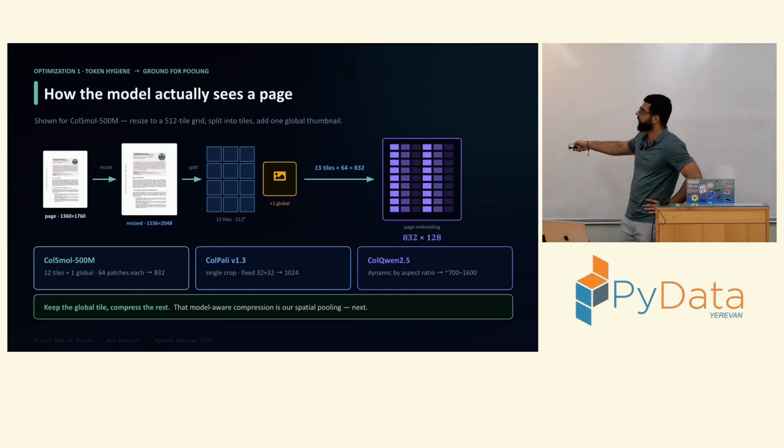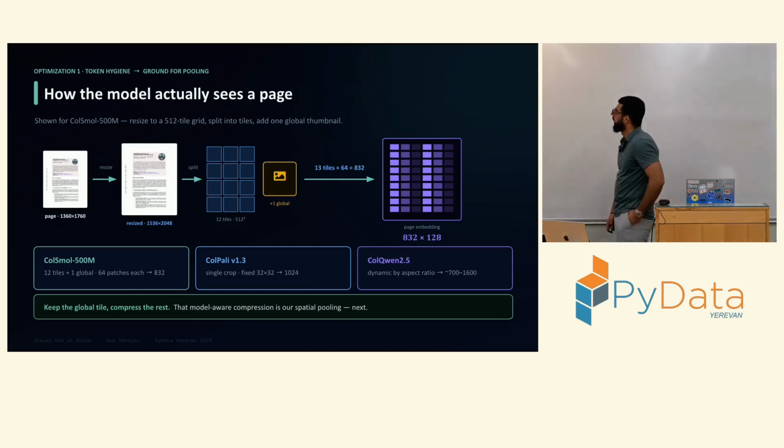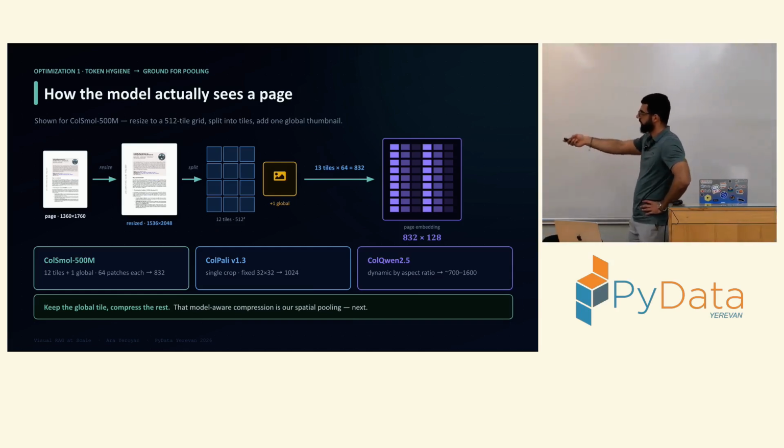512. This is a global representation of this context, because when you split like this, what if you have a paragraph that's going from here to here? You can lose some context. So it also compresses the original image as a global representation. And for each of these patches, this is the ColPali model. This is just an example; we are using this model to illustrate the idea.